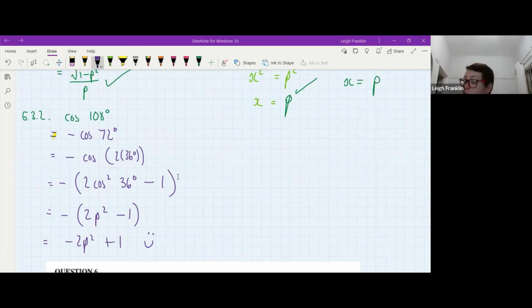And in fact, we could even work with compound angles here if we wanted to. Sorry, I know that the TAs must be desperate to go, but you could even do something like 72 plus 36, and then work with that as a double angle. You get a slightly different answer, but it would still be correct. So you could do it that way as well.